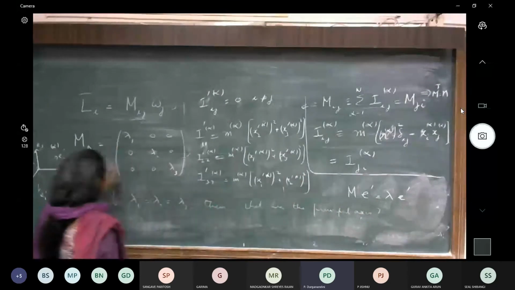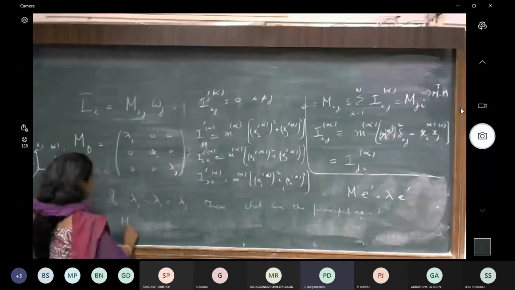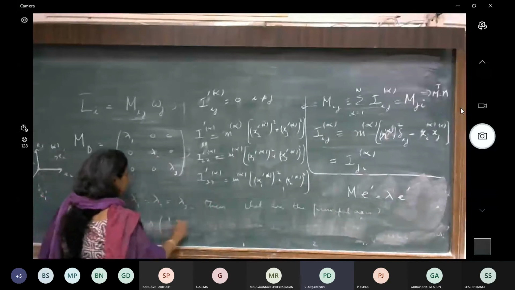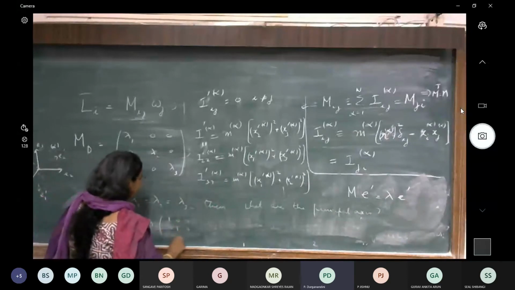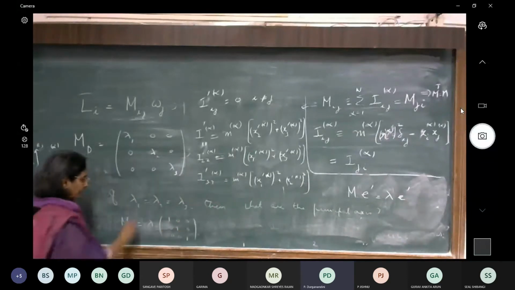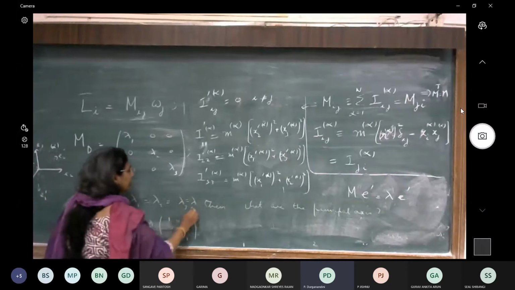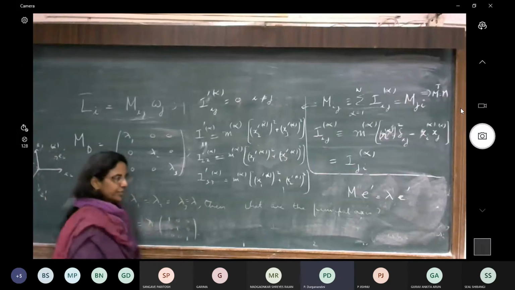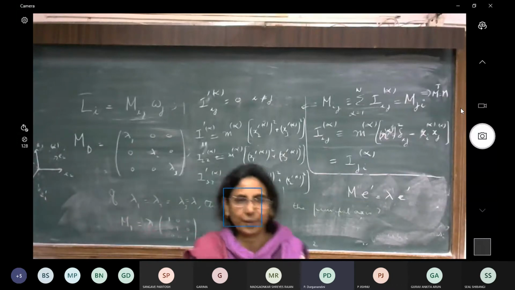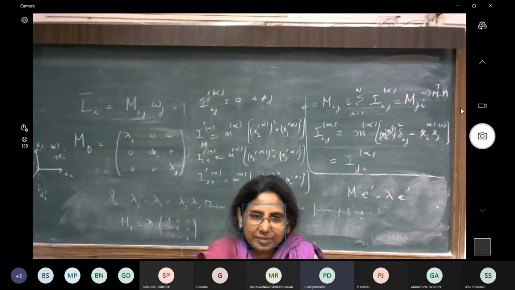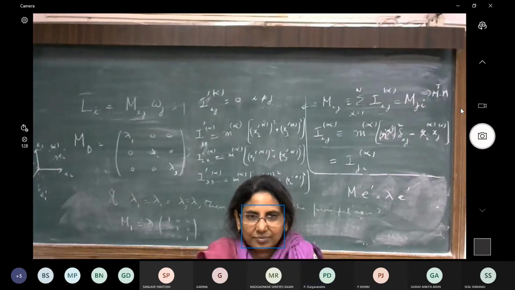Because now it means your matrix has simply become lambda 1 0 0, 0 lambda 1 0, 0 0 lambda 1. In that case, can you tell something about the symmetry of my rigid body? What do you expect? Symmetric about all the principal axes.